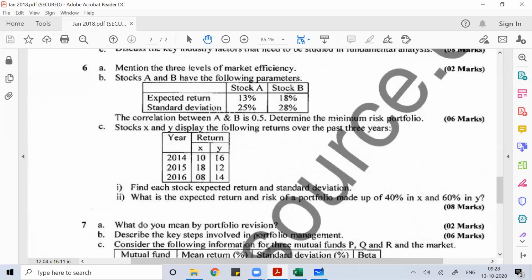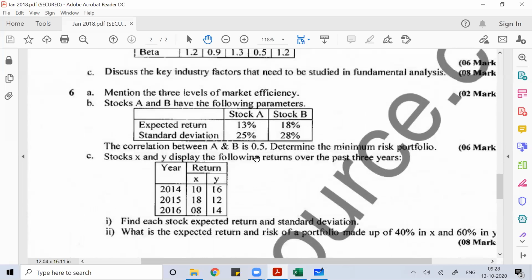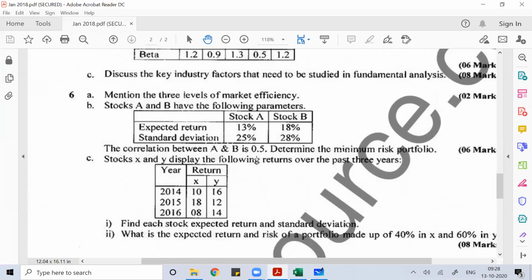Already here I discussed the theory part: if you see this question number 6, part A, I talked about the three levels of market efficiency. I told you there's an economist called Eugene Fama. He proposed a theory which is called the efficient market hypothesis.